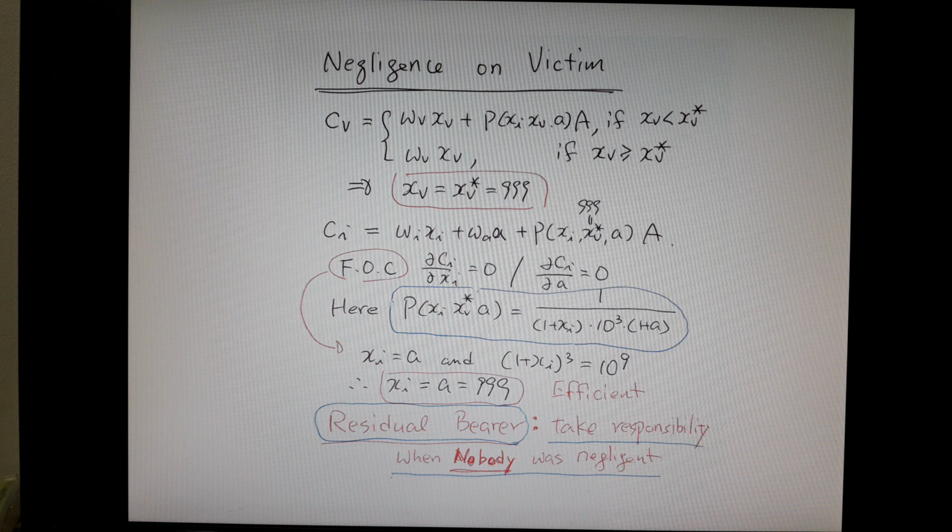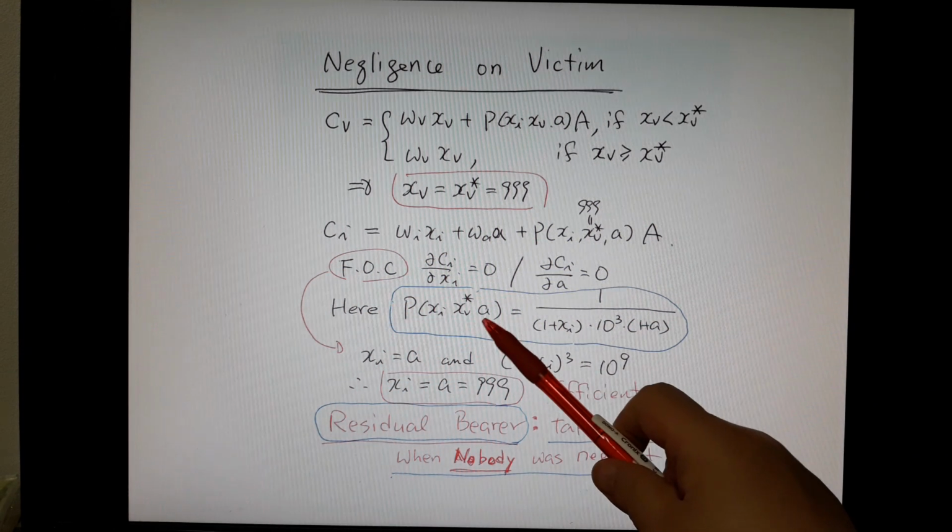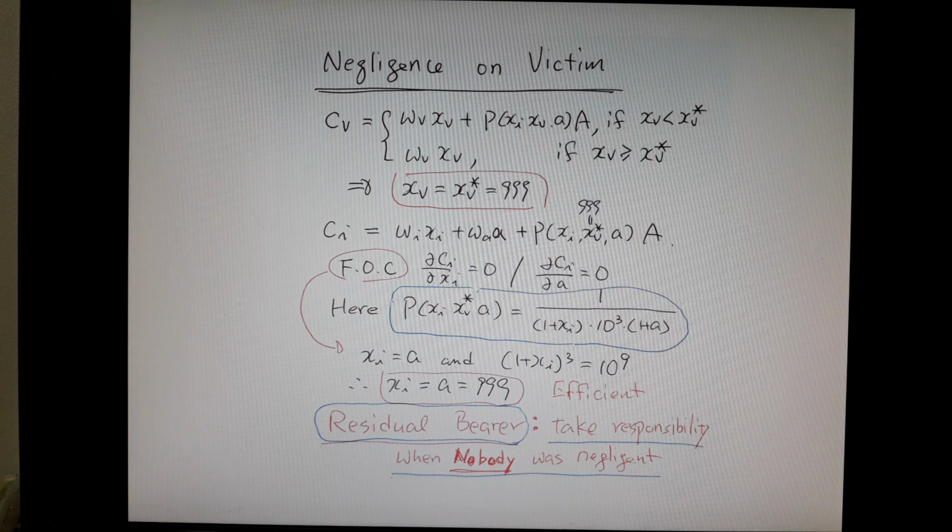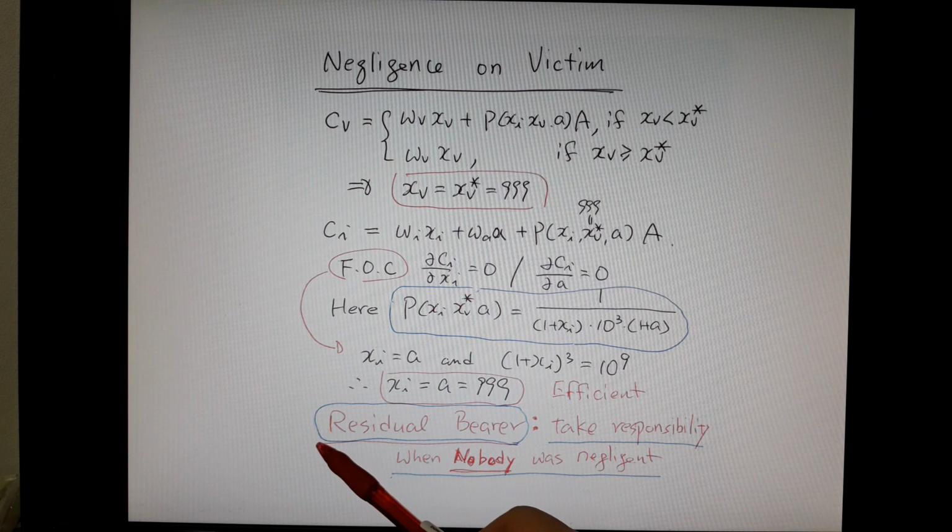What's the difference? Here we call the injurer I, who has the activity level, the activity level of the injurer, not the victim. And we make the injurer who has the activity level the residual bearer. What is the definition of residual bearer?